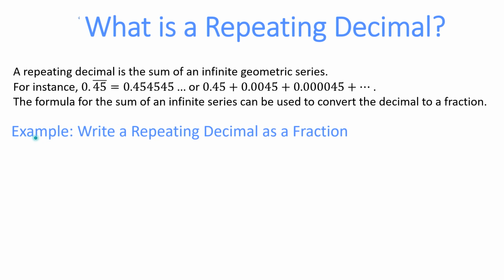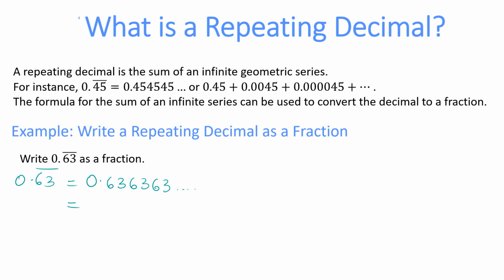For example, we want to write a repeating decimal as a fraction. Here we want to write 0.63 recurring as a fraction. So to begin with, we write 0.63 recurring as 0.636363 and so on, which can be written as a series as 0.63 plus 0.0063 plus 0.000063 plus so on.